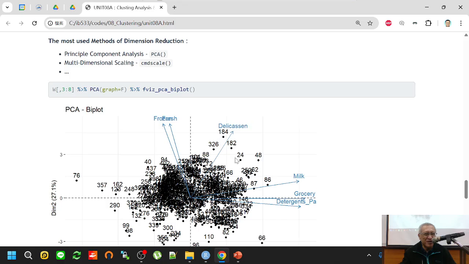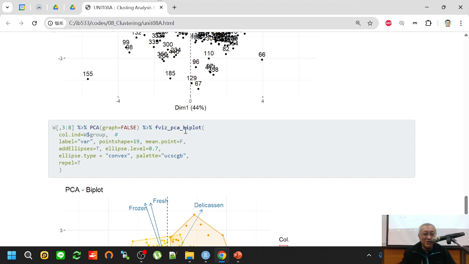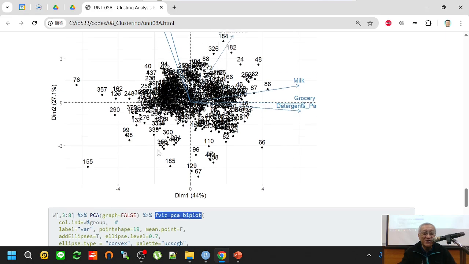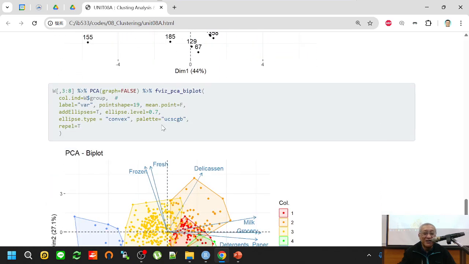Okay, and this is pretty ugly, right? So actually, if you put some options in this function code, this is the same function code as this one. And in this case, I do not specify any options, right? And here I actually specify a lot of things.